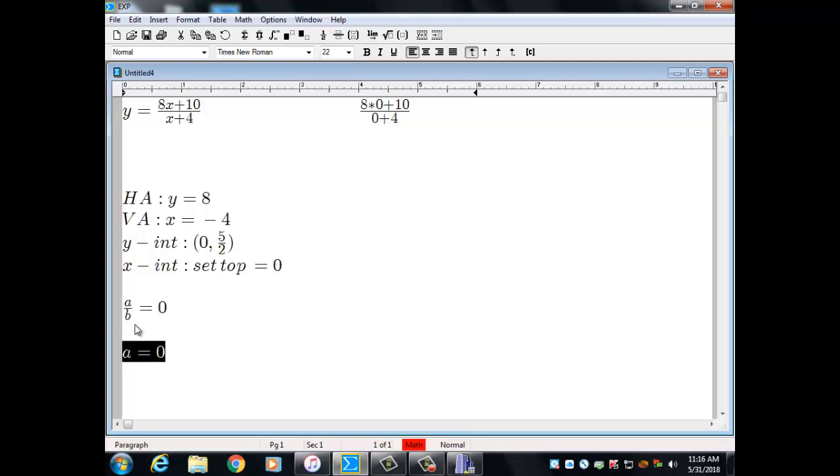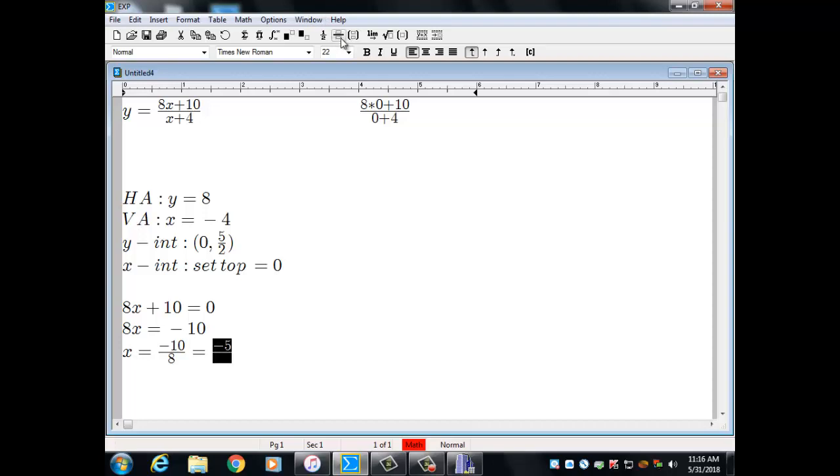So in this case, the x-intercept occurs at 8x plus 10 equals 0. 8x equals negative 10, and x is equal to negative 10 over 8, which is negative 5/4.